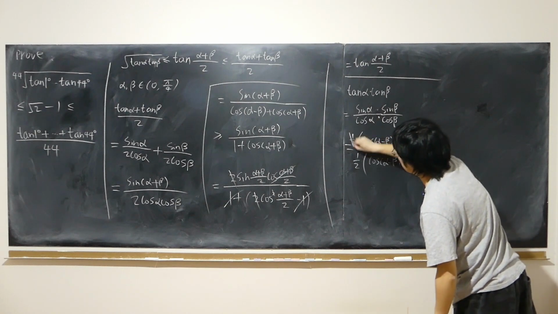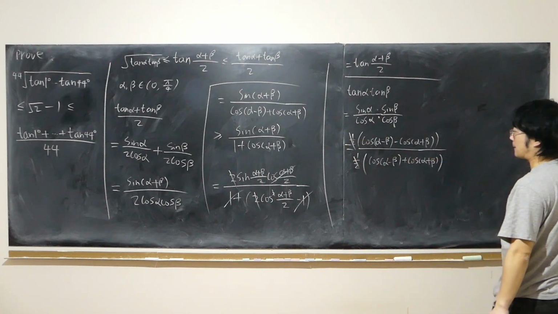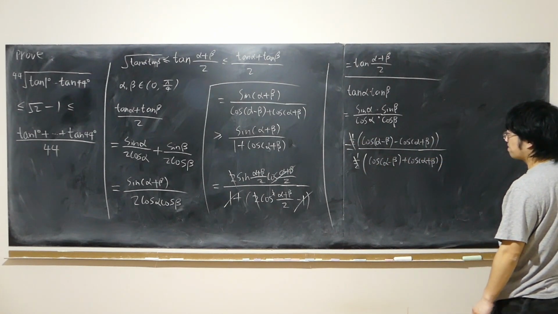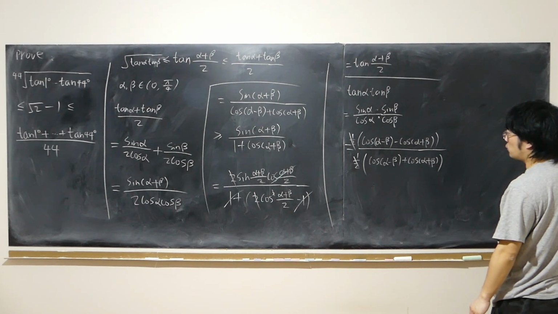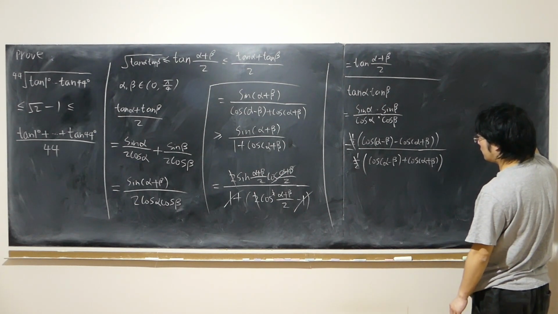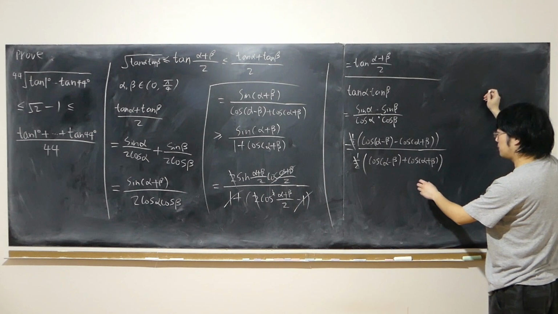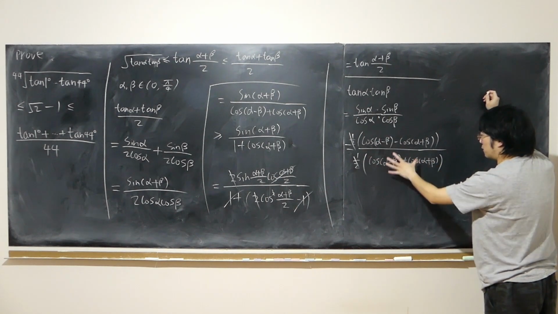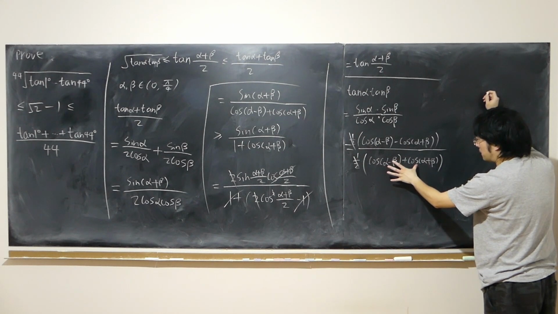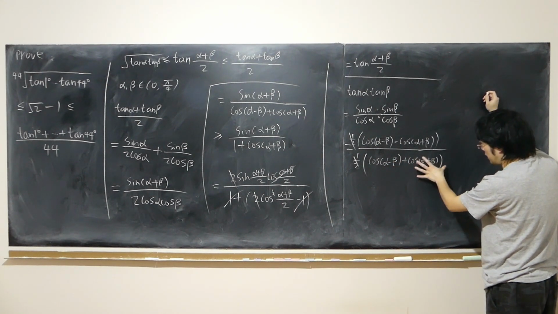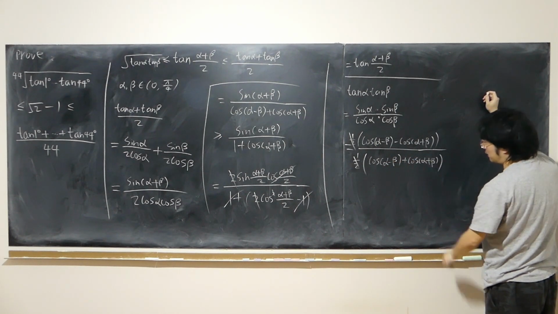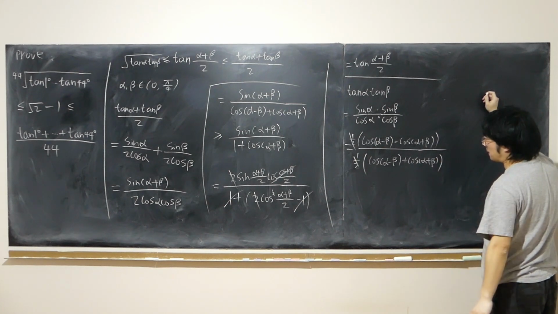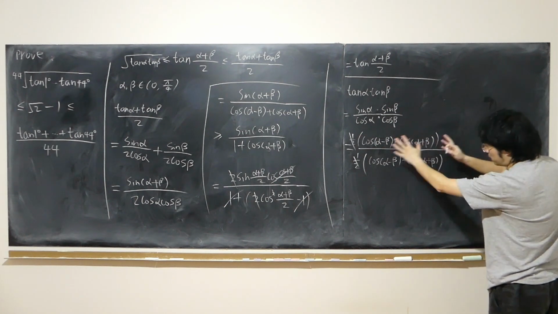So half, half, cancelled out. So on the top, if I just add cosine alpha plus beta, because I want to make the top appear the same as the denominator, and minus the same thing, so I can just split them up.